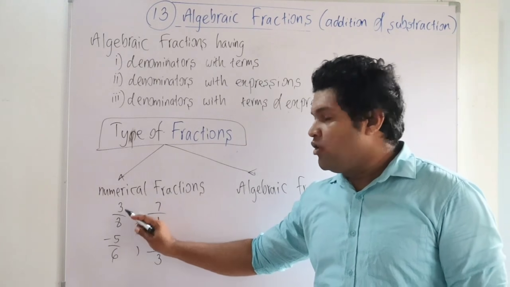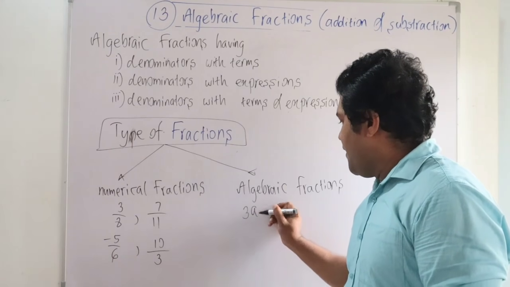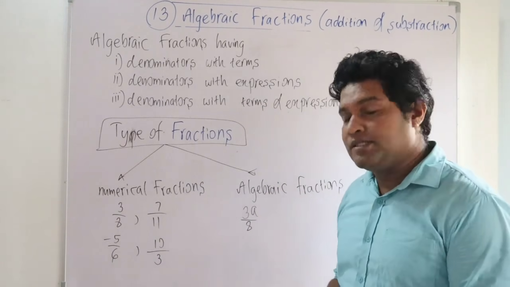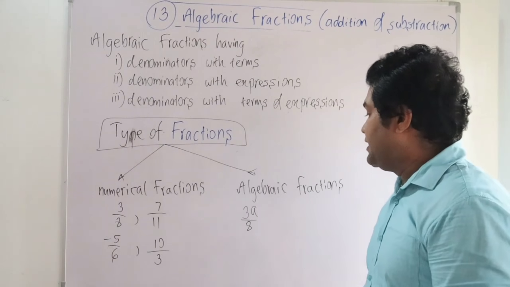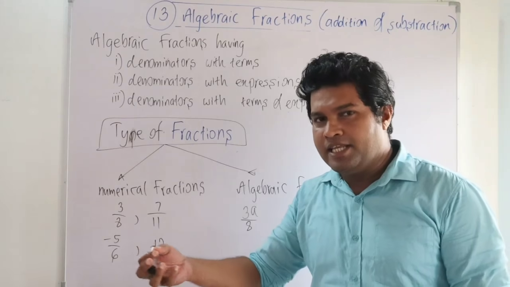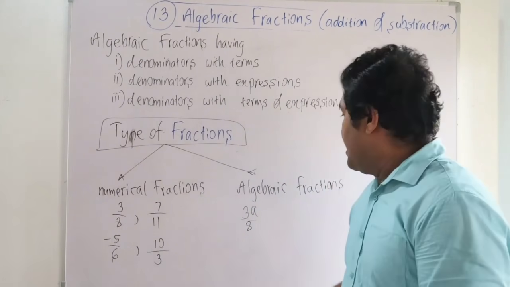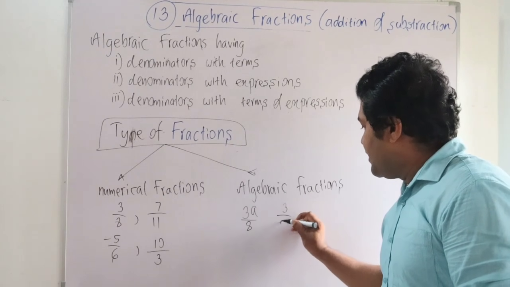Instead of 3 over 8, if I have 3a over a, it is algebraic due to the symbol a. When there's a letter such as A, B, C, D, E, F of the English alphabet, or any other letter of an algebraic term, it is algebraic. Now I'll write 3 over x.